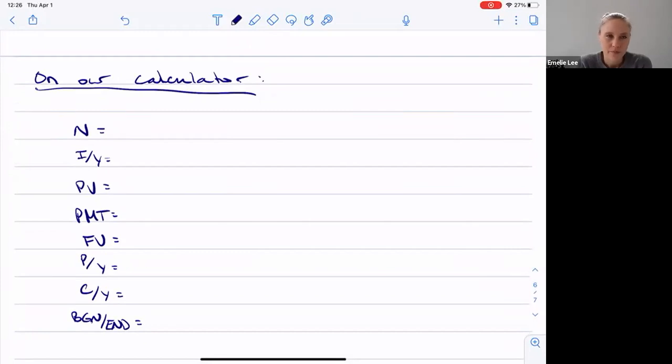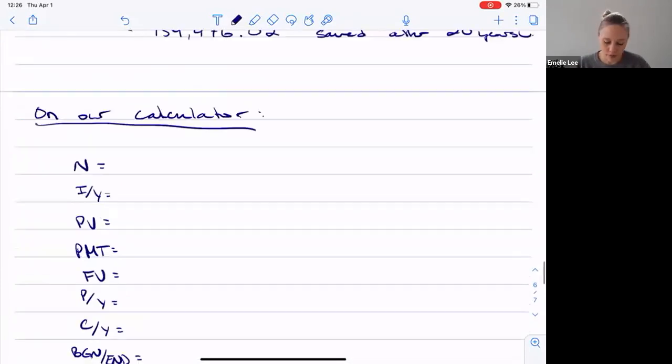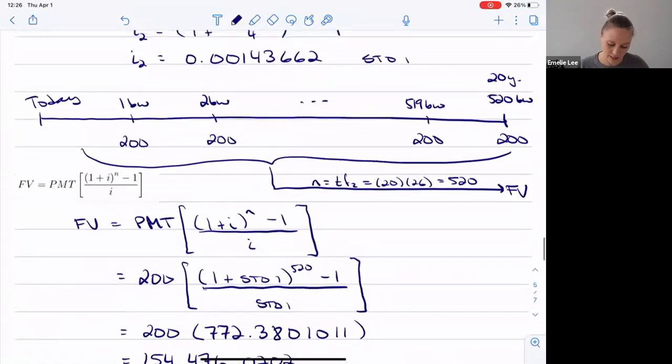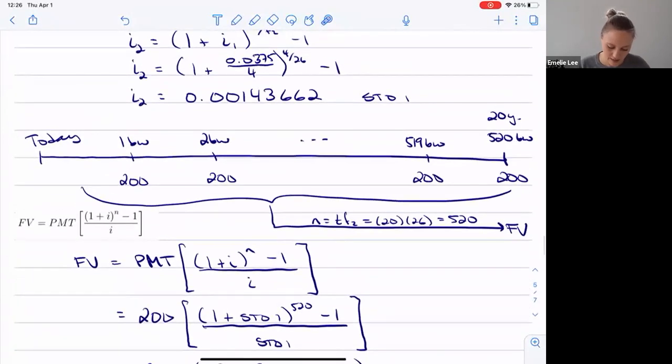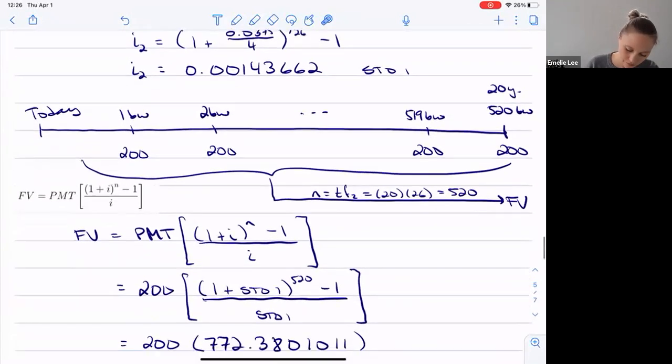And we already know. So here's where I find that it's easier if you've drawn a timeline. You don't necessarily need to, but I do find it's easier, right? And so from the timeline, we know already that N is 520.